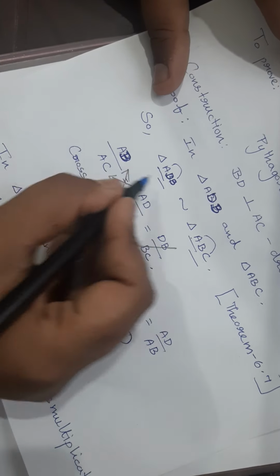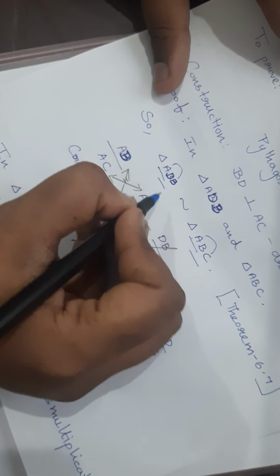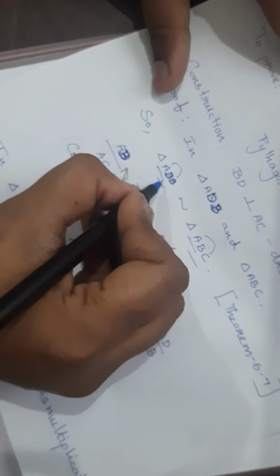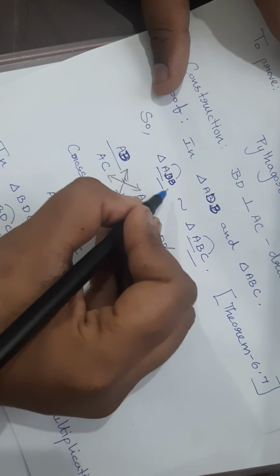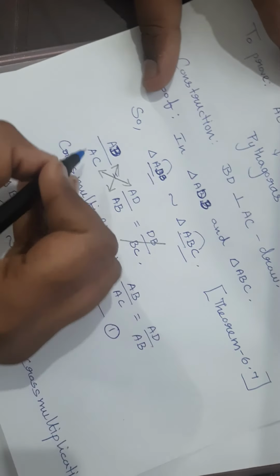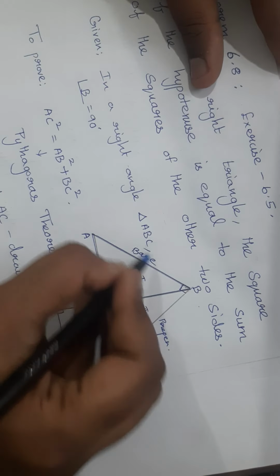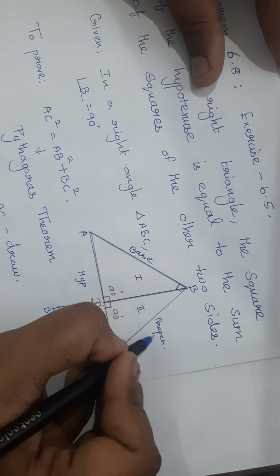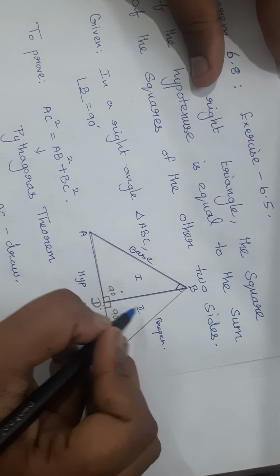So AB upon AC, AD upon AB, DB upon BC. The hypotenuse is equalized for these two triangles. The base is equalized for these two triangles. One perpendicular is equalized for these two triangles.